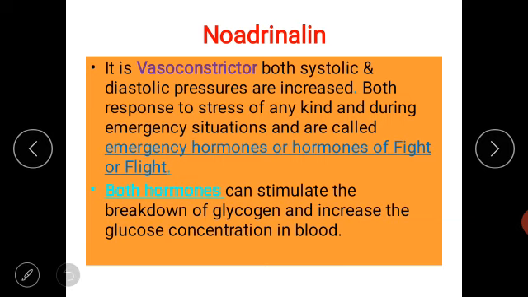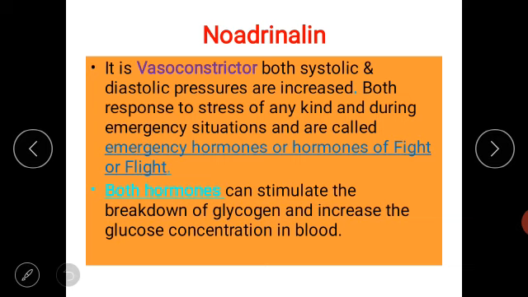In adrenaline we have seen that the systolic blood pressure is increased, but in the case of noradrenaline both systolic and diastolic pressure are increased.